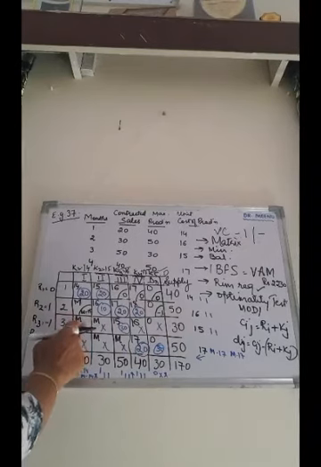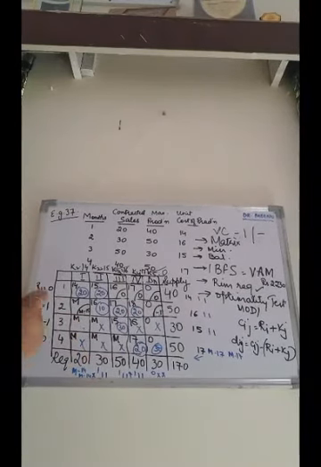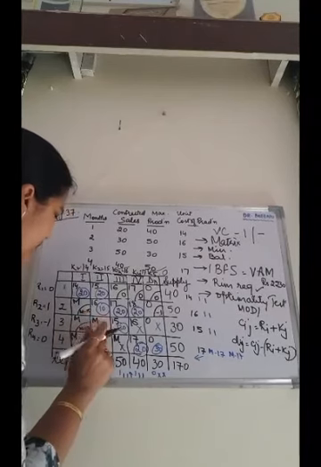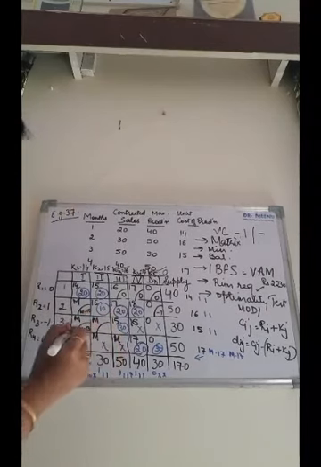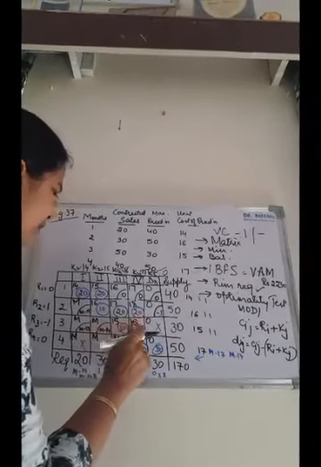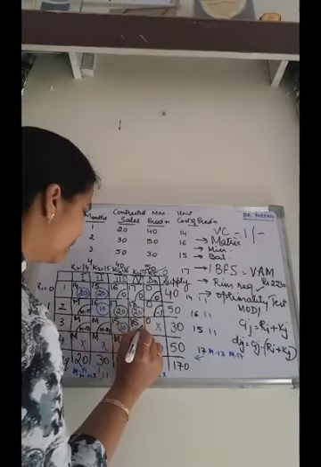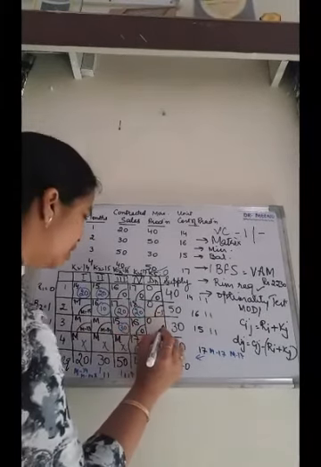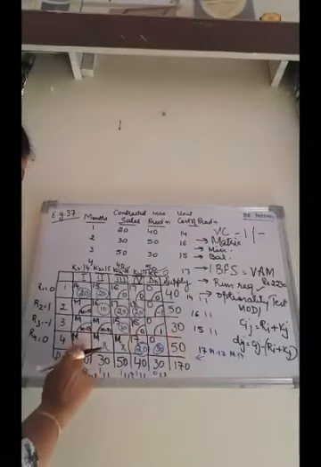Then m minus 13. M minus 14. 16 minus 16 is 0. This is plus 1.